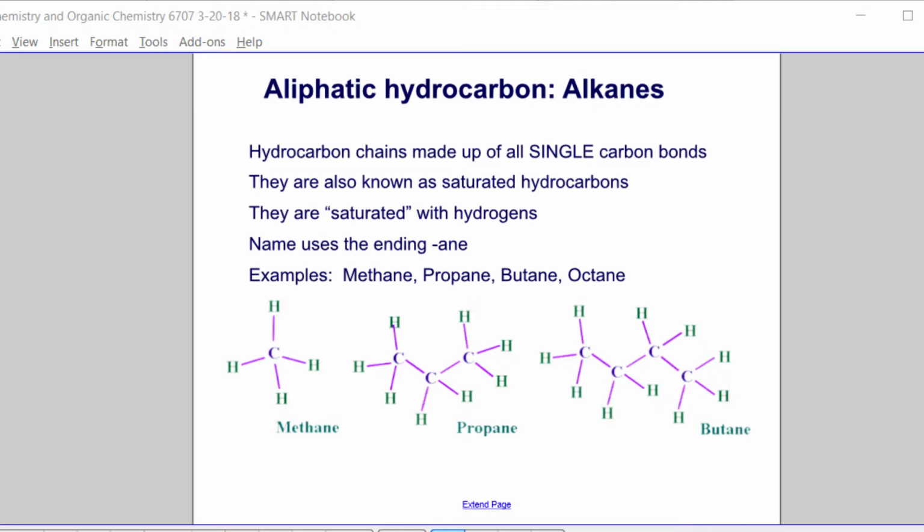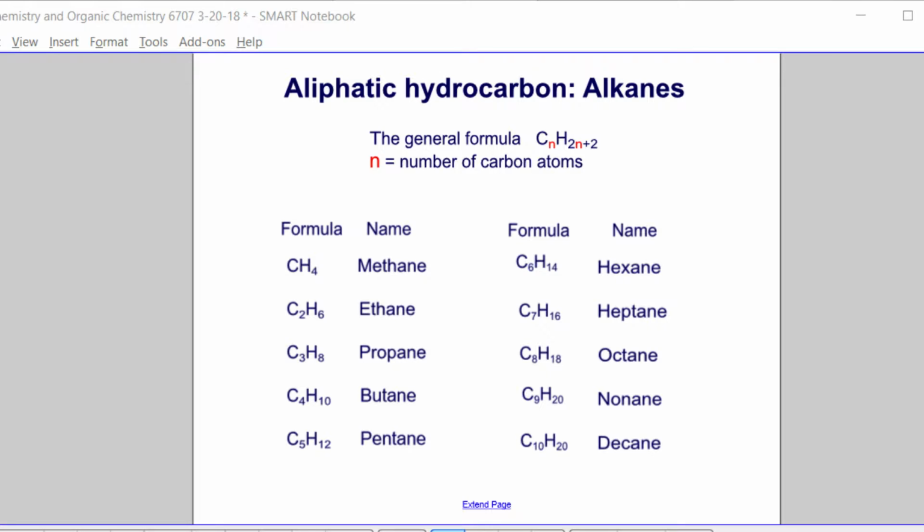Examples are methane, propane, butane, which you can see the structural formula for, and then others, octane and others. The general formula for an alkane is CnH2n+2. So we have twice as many plus 2 hydrogen atoms as we have carbon atoms, if n is the number of carbon atoms.